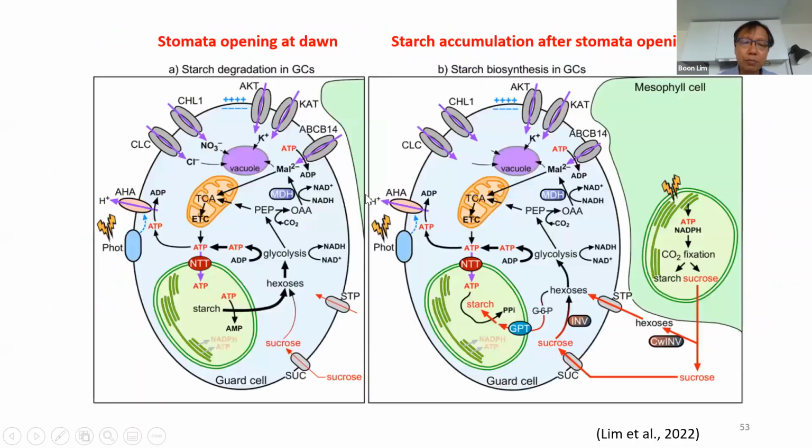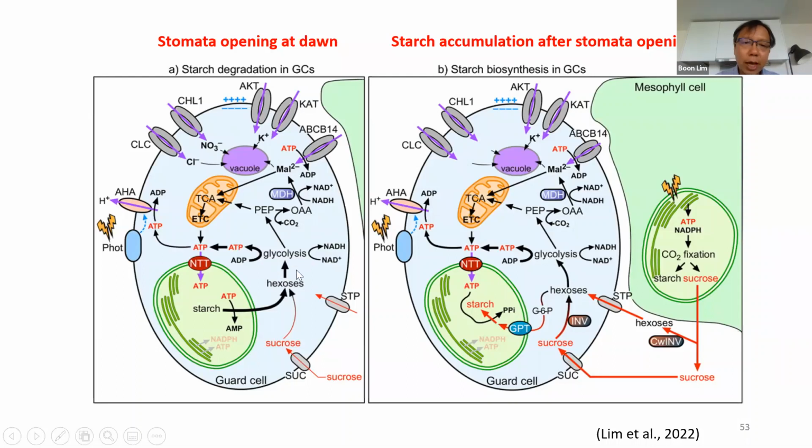Based on our data, we propose a model. At dawn, when there is starch in the guard cell and the mesophyll has not yet generated enough sugar, the guard cell needs to degrade the starch to generate sugars to increase the osmotic pressure for stomata opening.